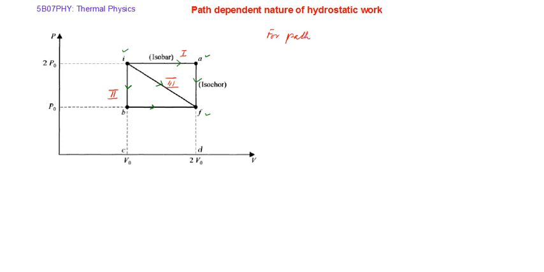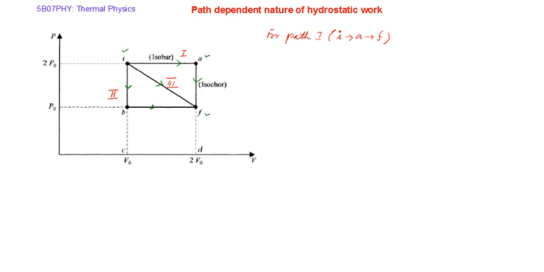So let's consider path 1. You know that path 1 is I through A. A is an intermediate state, and then finally on to F. So what kind of a process is this one? Is it representing an expansion or a compression? You can clearly understand that the process has finally resulted in an increase in the volume.